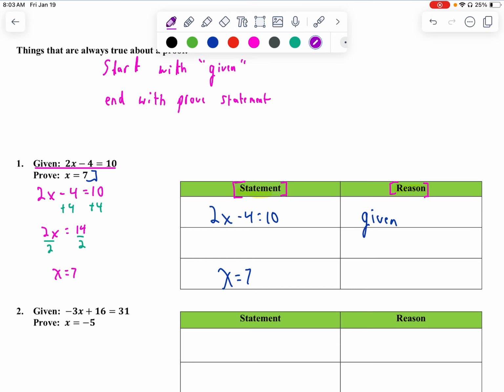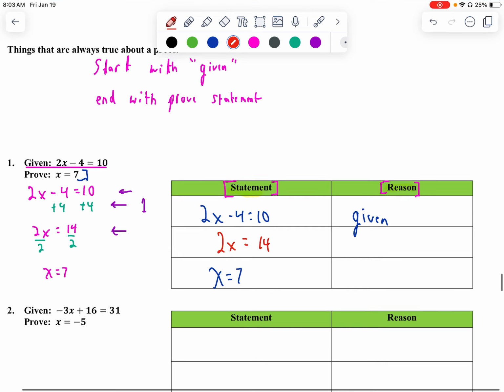Now let's go back and see how we solved. We started with 2x minus 4 equals 10. That was what we started with. Step number 1 was adding 4 to both sides. That's the first thing we did. And what that left us with was 2x equals 14. So after we added 4 to both sides, we got left with 2x equals 14.